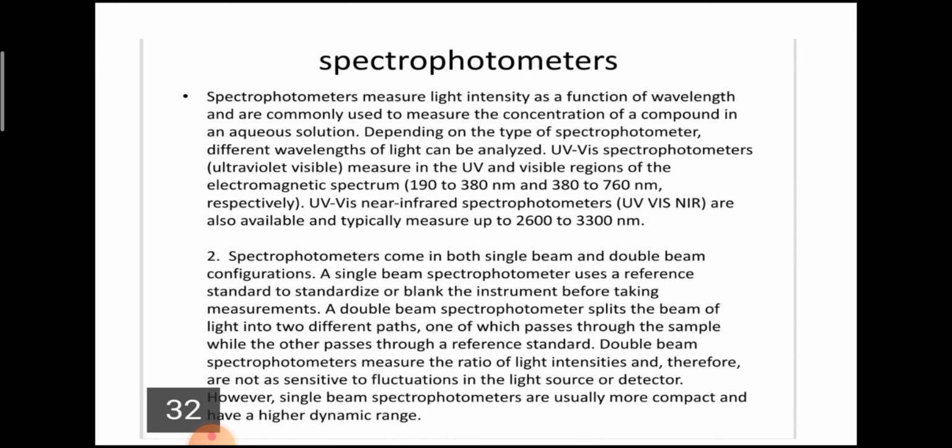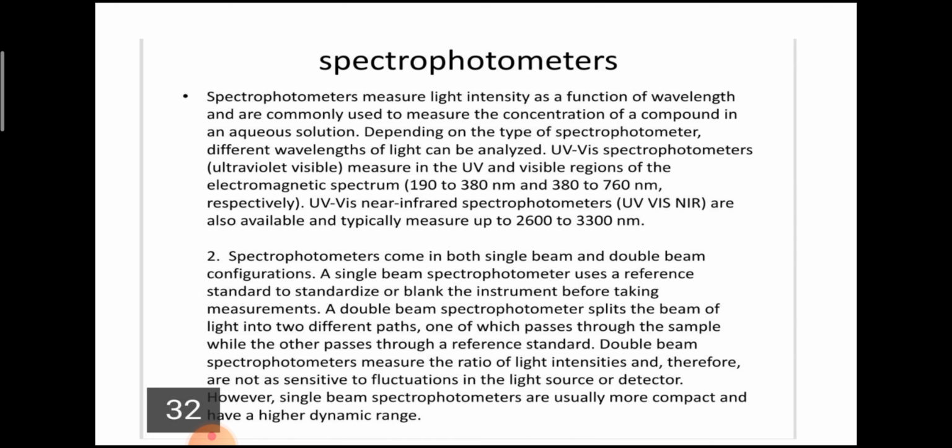Spectrophotometers come in both single beam and double beam configurations. A single beam spectrophotometer uses a reference standard to standardize or blank the instrument before taking measurements. A double beam spectrophotometer splits the beam of light into two different paths, one of which passes through the sample while the other passes through a reference standard.